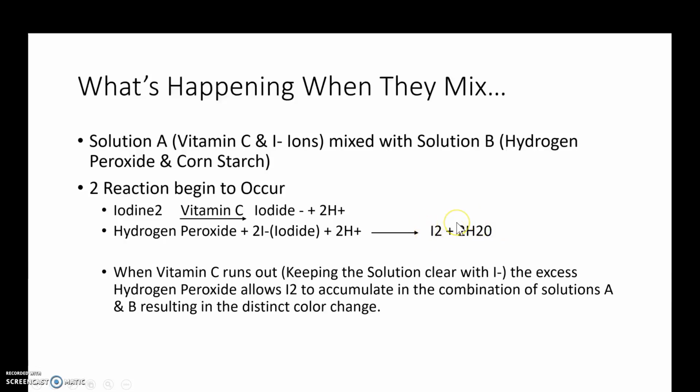The I2 and cornstarch create that brown color change, which should be instantaneous. That would be the anticipated result. But like I said, if I had kept mixing for who knows how long, I think I would have seen that color change.